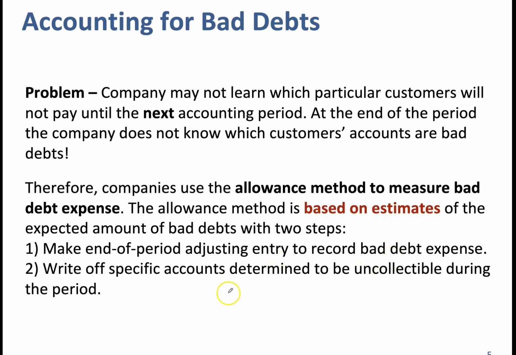Then if we determine accounts are not collectible during the next period or some other period, we will write off those specific accounts. When we write off those accounts, it's not reflected in the expenses anymore, because our first step already recognized the expenses. Don't panic if you don't know what I'm talking about, because I'm going to show you in an example.